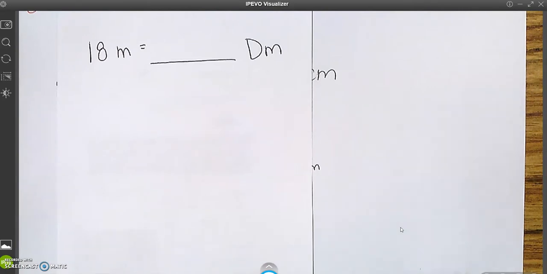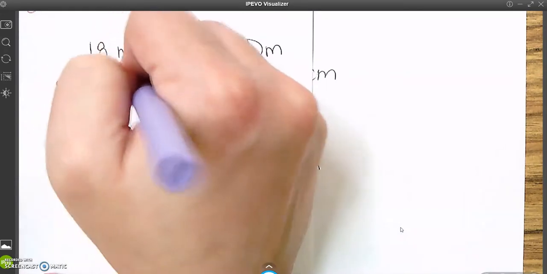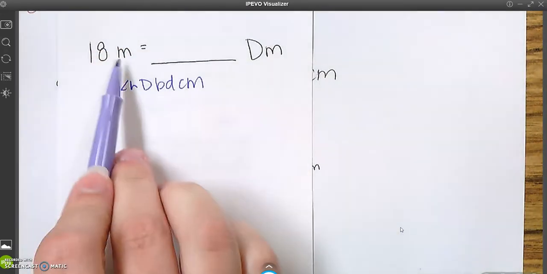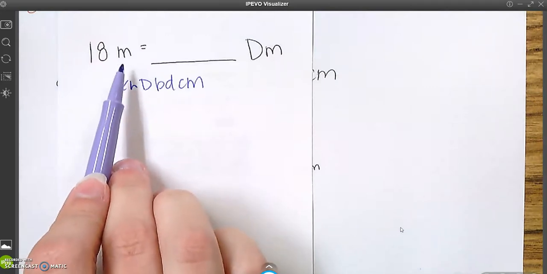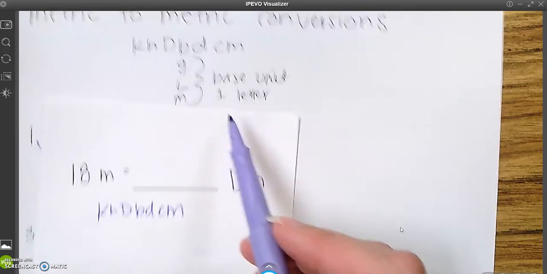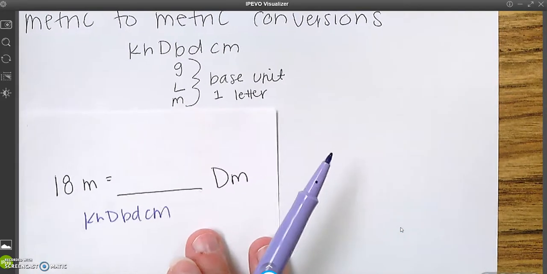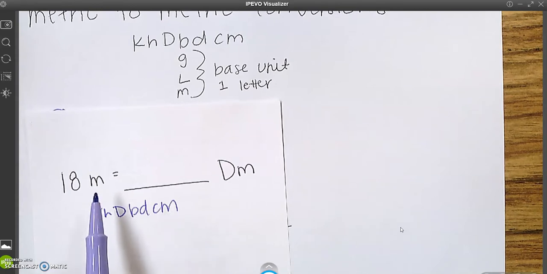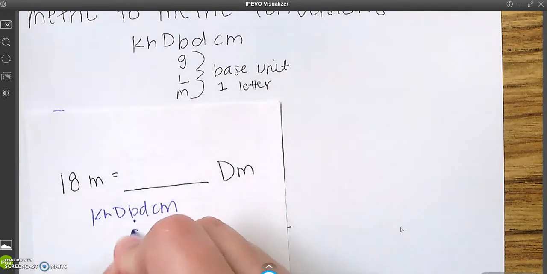Then I need to say Kevin hates dates because dates cost money. And I am starting with a single letter. Now remember what we set up here, 1 letter for my base unit. So I am not starting here at milli. This doesn't have a prefix. This is just meter. So I need to start at my base.